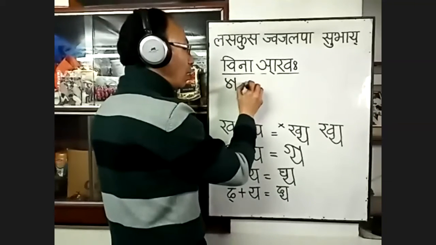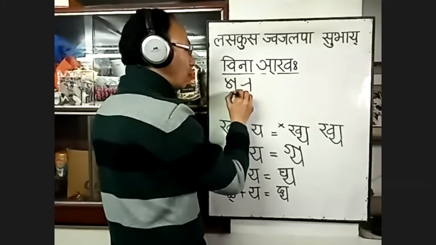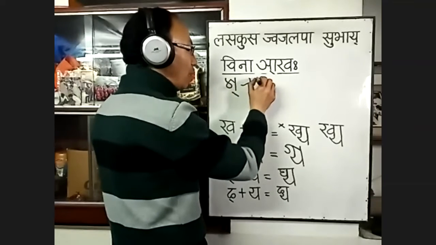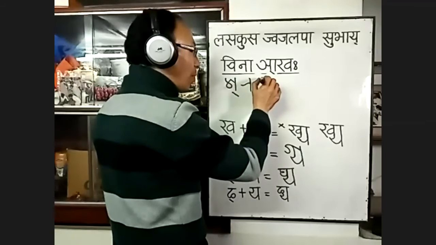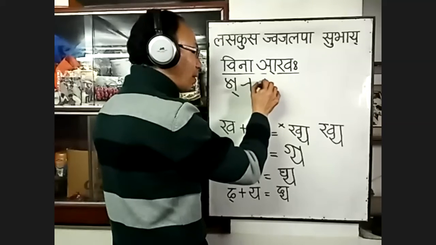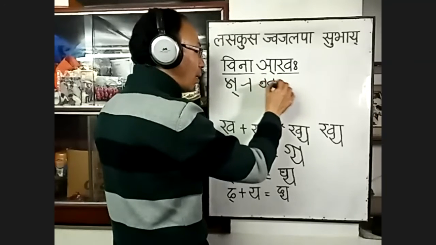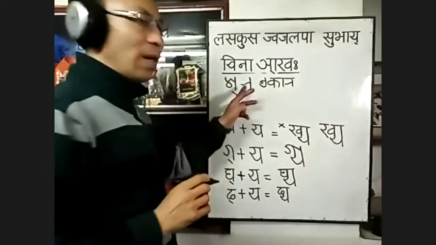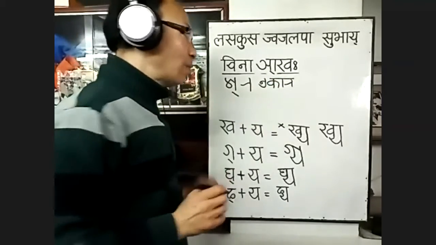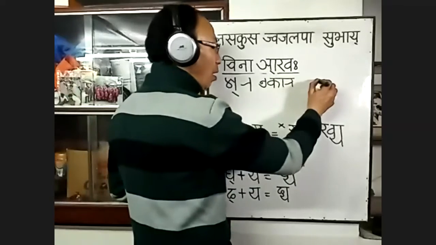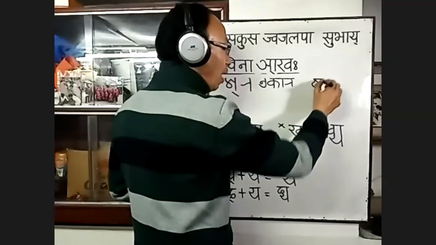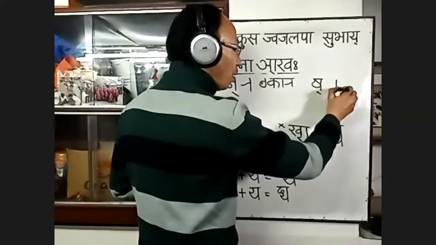It has Ra, and Ra is given the Ekar. I mean, this is the Ekar sound. Okay, let me write Ekar. When you pronounce Sre, it has the Ekar sound, and Shtha. So it has Shra and then Tha.